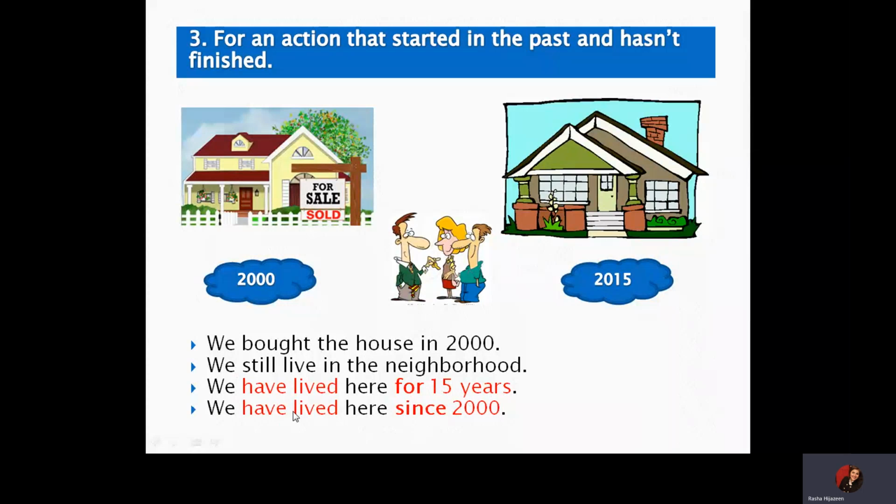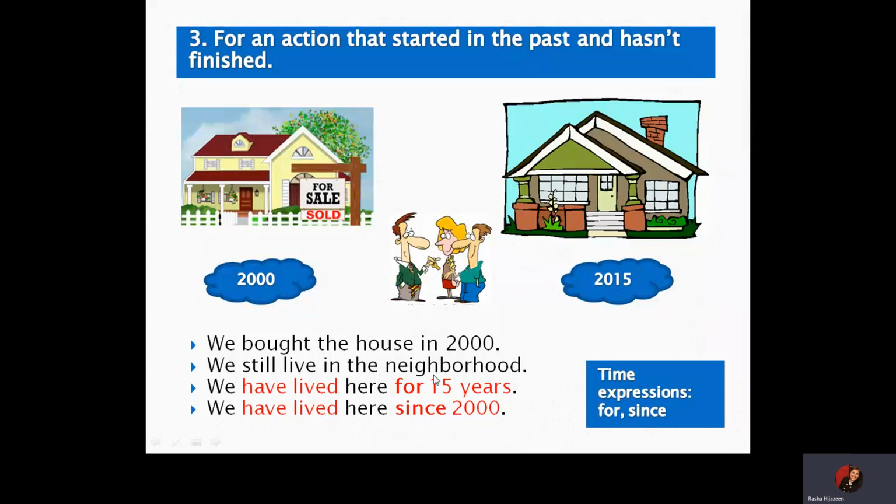And we have lived here since 2000. Since 2000. So, who can guess what the time expressions are in these two sentences? Let's check the time expressions. For and since.